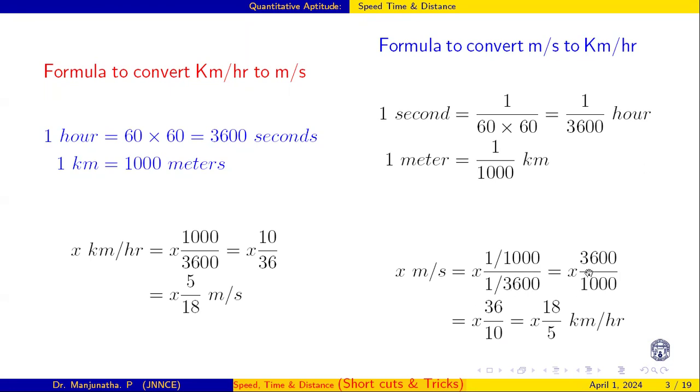The 3600 goes to the numerator and the 1000 to the denominator, the zeros cancel, and we get 18 by 5. Very simple: 5 by 18 converts kilometer per hour to meter per second.